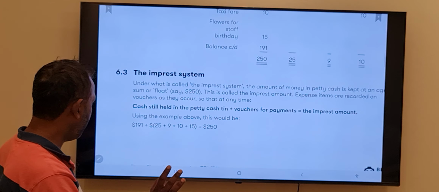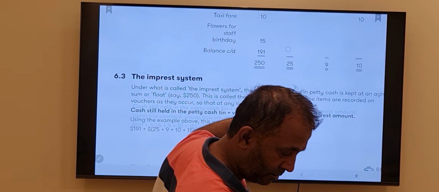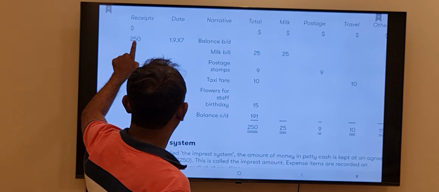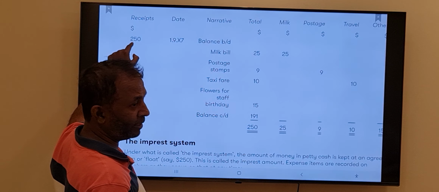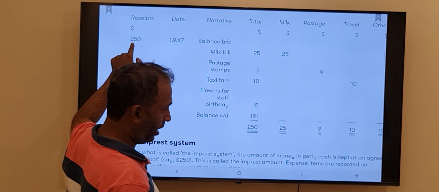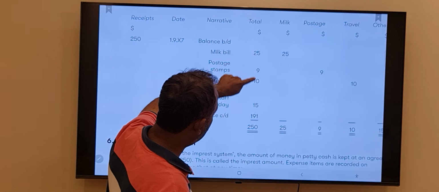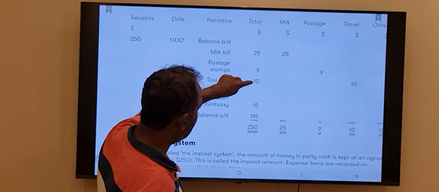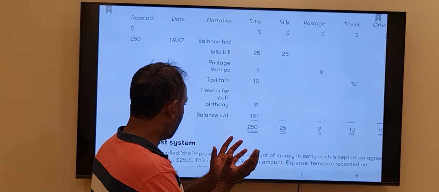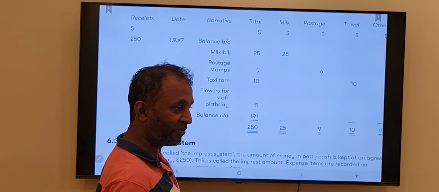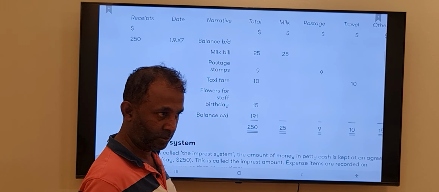The point is, see, how much is the main cashier giving to the petty cashier? 250. And how much were the total expenses? 25, 9, 10 and 15. How will the sum come? 59. Okay.